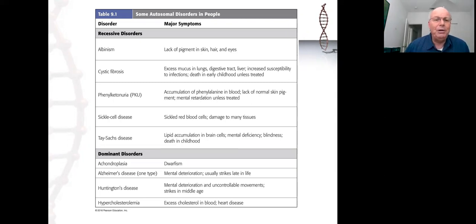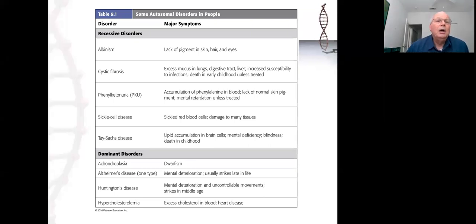In part, it's because they do actually provide some advantage in the geographic region where they originated. I've explained with sickle cell and cystic fibrosis. Not sure about Tay-Sachs in terms of what advantage it might have had in its geographic region of origin.